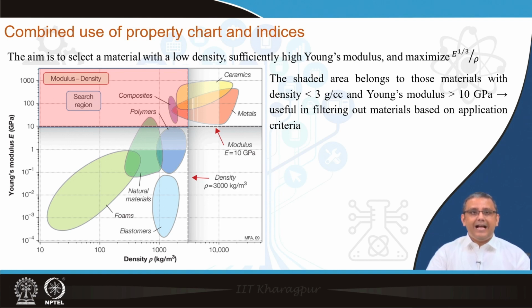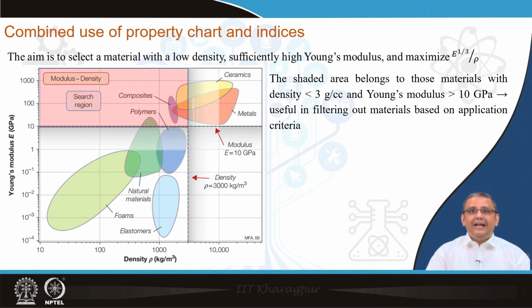So, again we start with the Young's modulus over density plot, and the aim is to select a material with a low density, sufficiently high Young's modulus, and a function which will maximize E to the power 1/3 over rho.